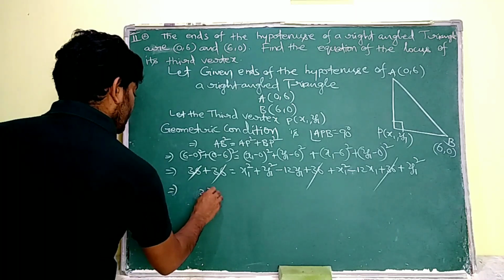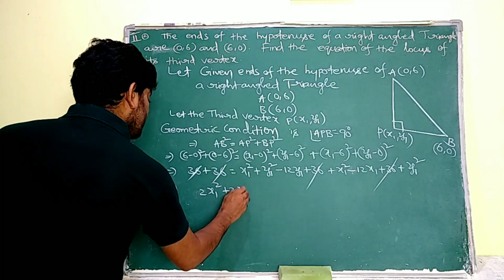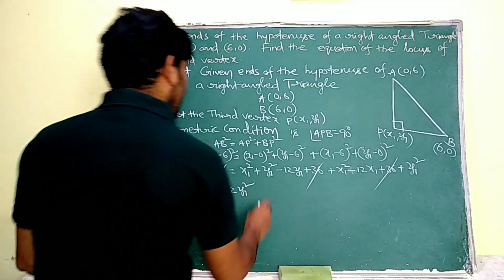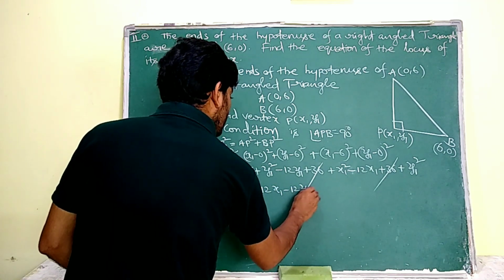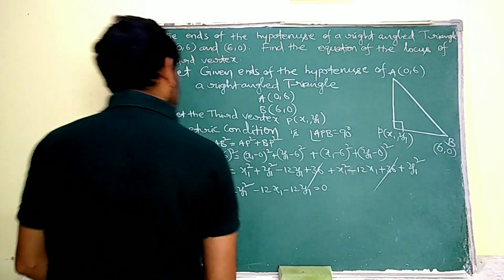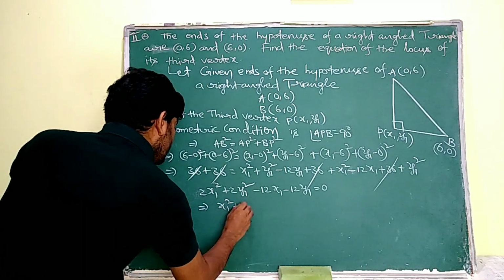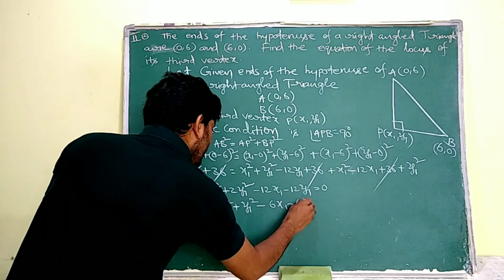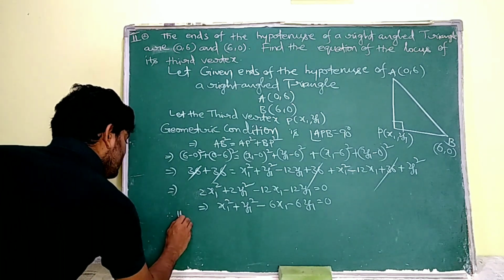On the right hand side we have 2x1 square, 2y1 square, minus 12x1 minus 12y1 equals 0. By taking out the 2 common, x1 square plus y1 square minus 6x1 minus 6y1 equals 0. This is our required equation of the locus.